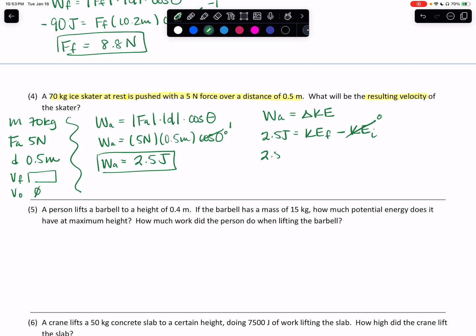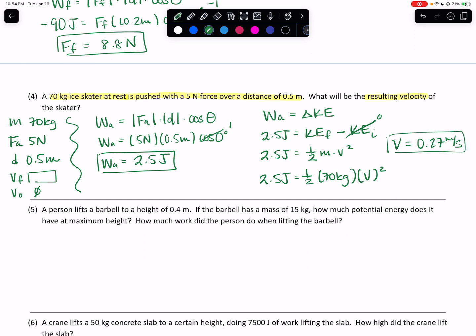So the 2.5 joules is just equal to 1/2 of the mass times my V final squared. So 2.5 joules is going to be equal to 1/2 of 70 kilograms times V squared. I plug that into my calculator, divide the 70 and the half over, and then take the square root, and I find that the velocity of the skater after the push is 0.27 meters per second.